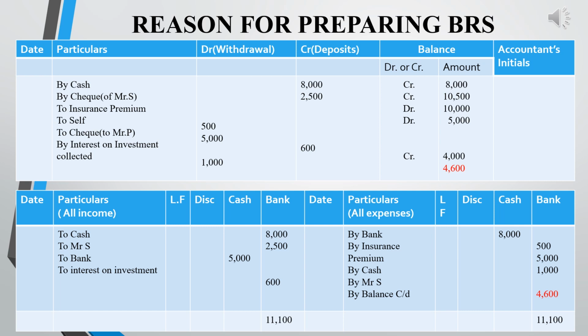Here we are going to see whether the balance of the passbook and the balance of the cash book are one and the same. Yes, in this example, both the passbook balance and the cash book balance are one and the same.